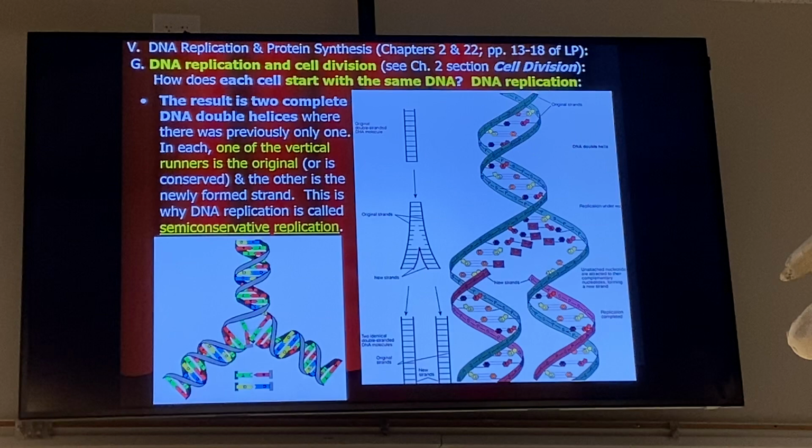Now, even though you're going to get Okazaki fragments on the lagging strand, and this is all described on the bottom of page 16, there is a third enzyme that links all those Okazaki fragments together, and that's called DNA ligase. That makes it all one intact strand. That's step number 4, the bottom of page 16.